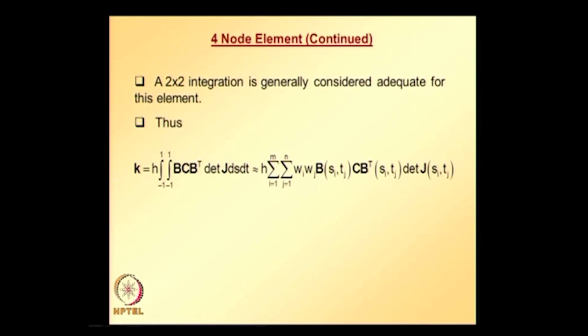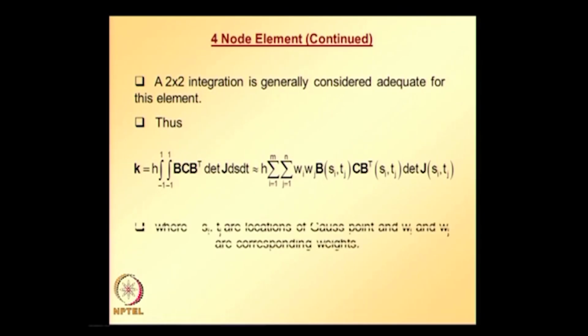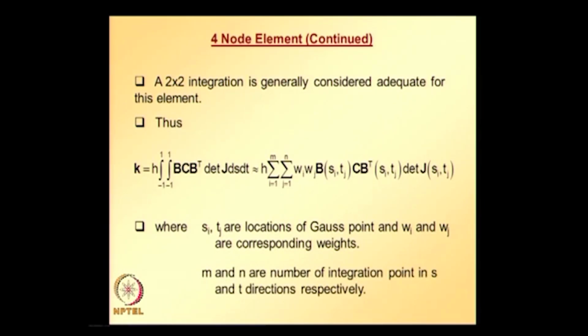That is basically what numerical integration schemes do, and that is here expressed in the form of an equation where S and T are the locations of the Gauss points and W's are the corresponding weights, M and N are the number of integration points in the S and T directions respectively. These integration points in the S and T directions need not be the same, which we already looked at. It depends on the order of the integrand in the S direction and the order of the integrand in the T direction. So, this is how the element stiffness matrix can be evaluated.